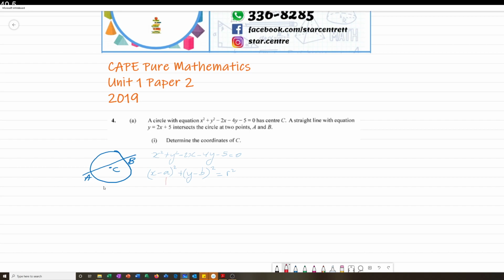This here is your circle center: that's your x value and this is your y value, so the coordinates for the center would be (a, b). And this r is for radius, so your radius r is whatever the root is of this expression.